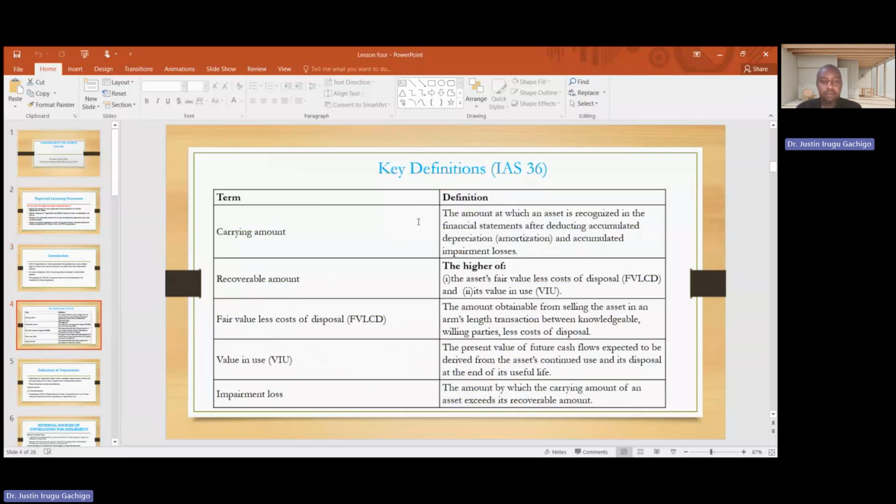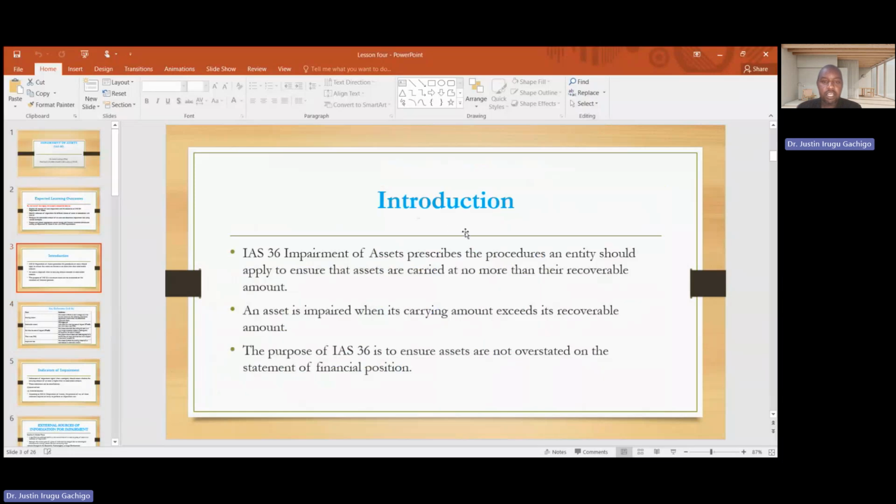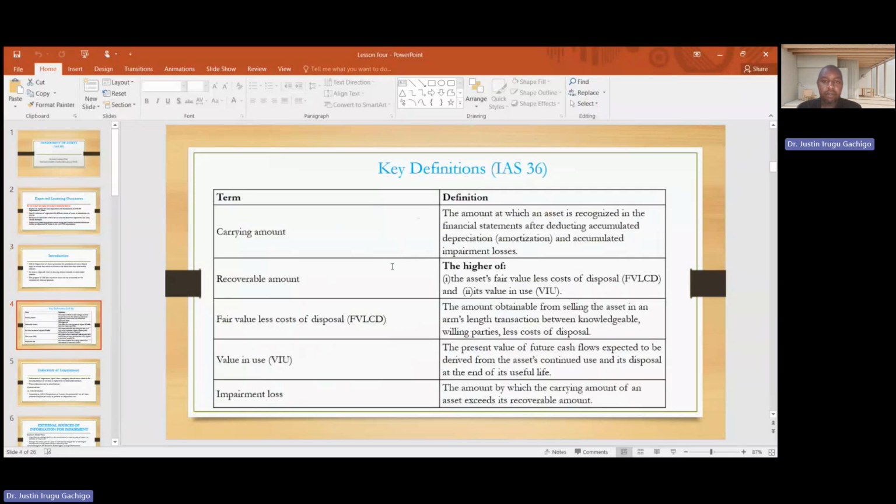There are some terms that we have used in this slide which I want to explain, the key definitions. Carrying amount: the amount at which an asset is recognized in the financial statements after deducting accumulated depreciation and accumulated impairment loss.